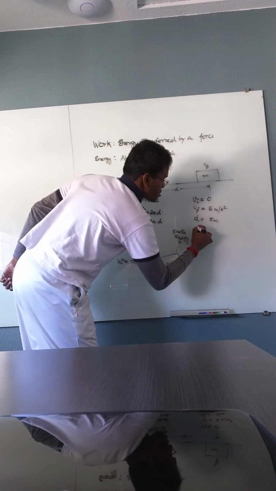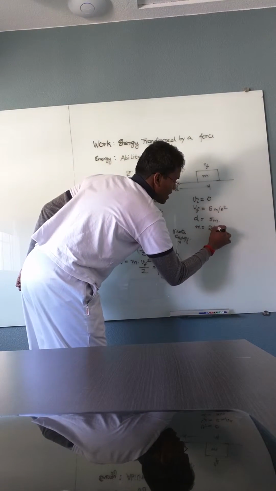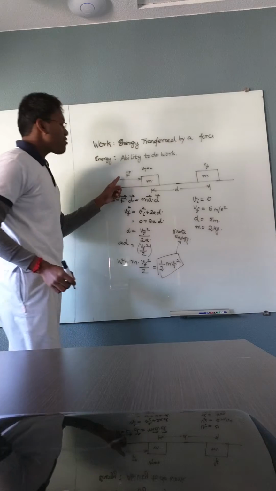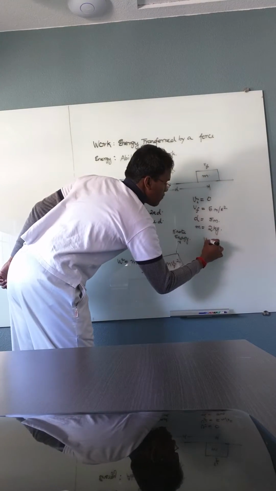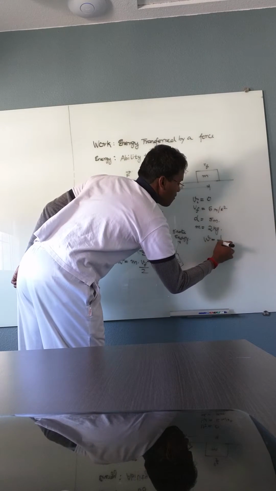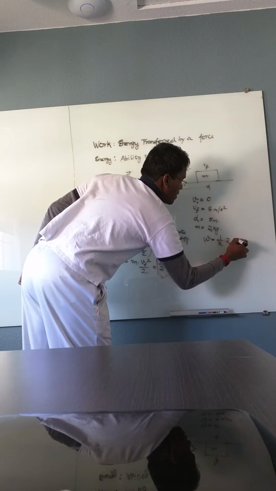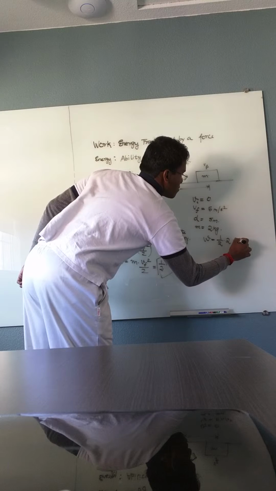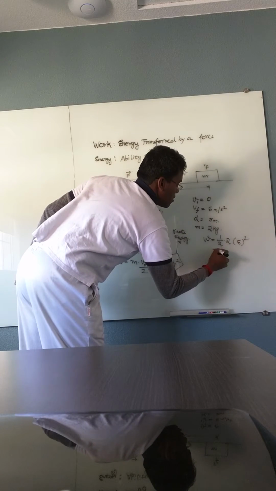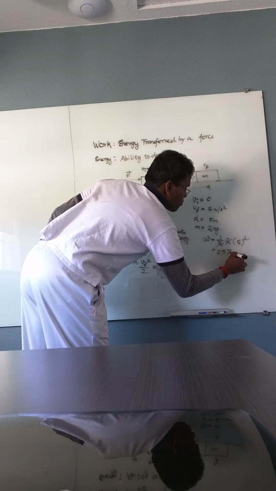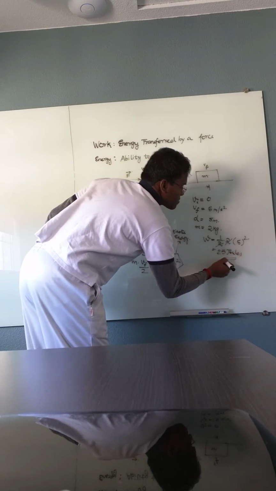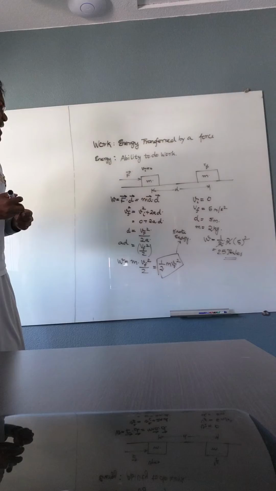And suppose the body was of mass 2 kg, then even without knowing the value of the force, we can calculate the work done. So work done would be half into 2 into Vf square. So that is 5 square. So this would be 25 joules.